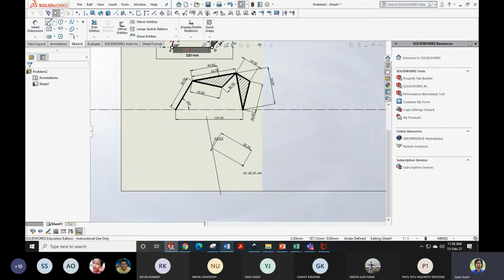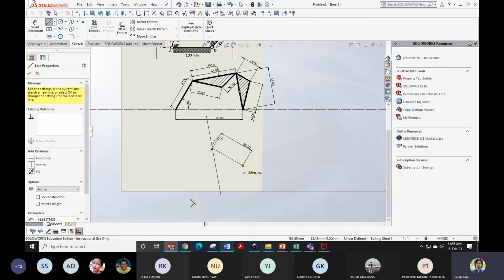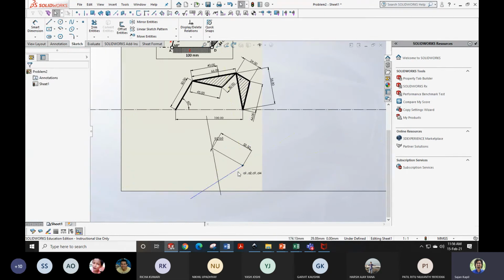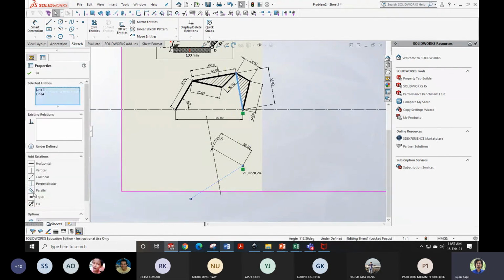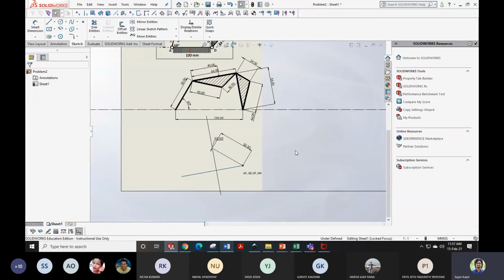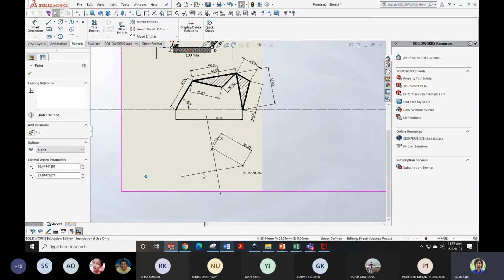I don't know where, so for that I'll make a line that passes through this particular ground point, and it will also be perpendicular to this. I'm doing it directly because you have already seen why we are doing it. The point is the intersection of this line and this line.